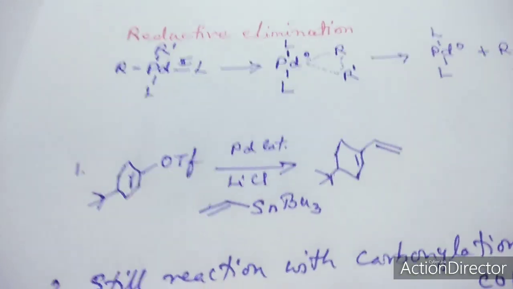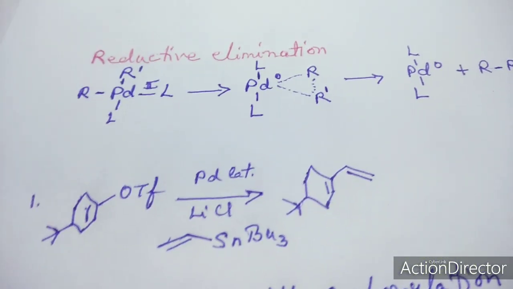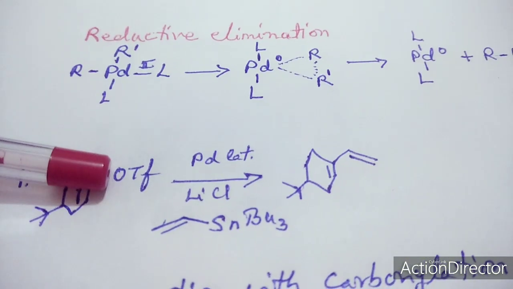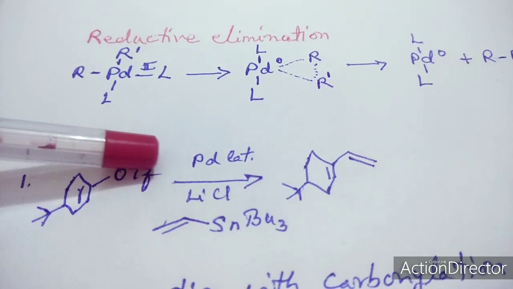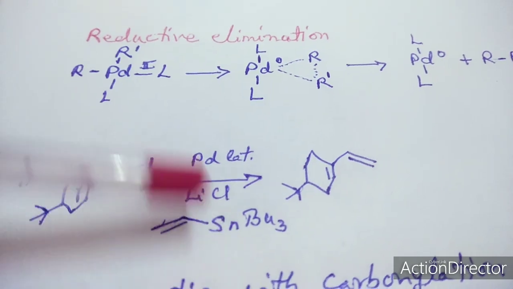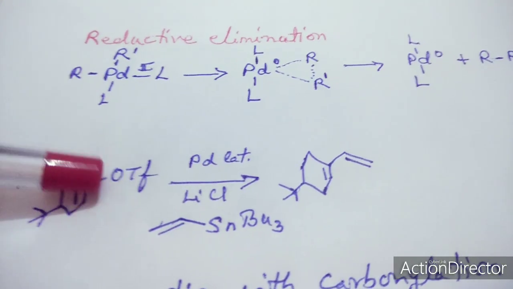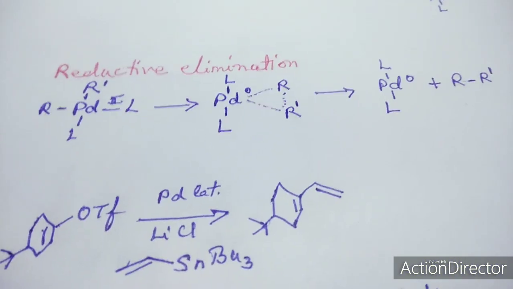Let's see one or two examples. This is one example. Here the triflate will leave with Bu3SnOTf, and this will be coupled over here to the double bond, as can be seen in the product.